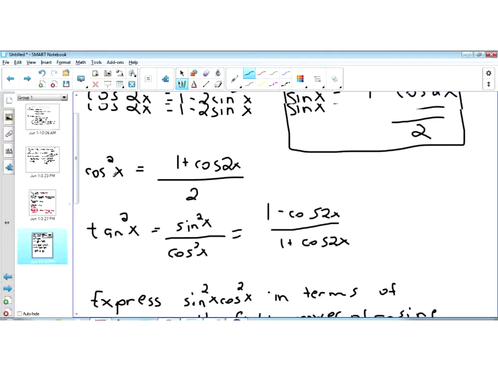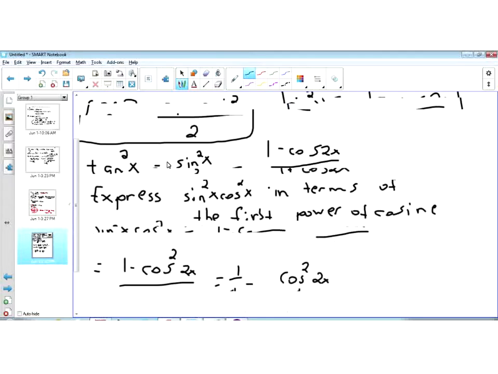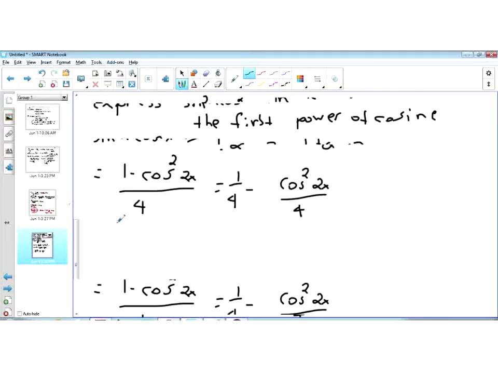Okay, so we can replace cosine squared 2x now. We know that the cosine squared of x is this. So if we replace x with 2x, then this term will become 4x, because of composition.